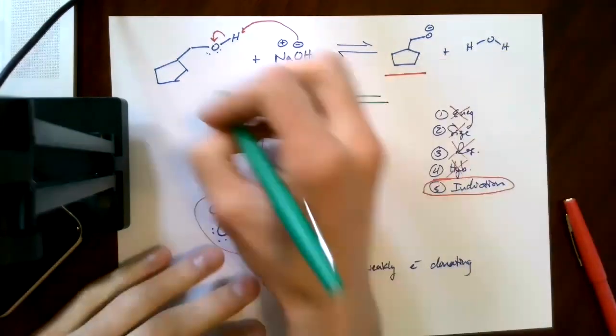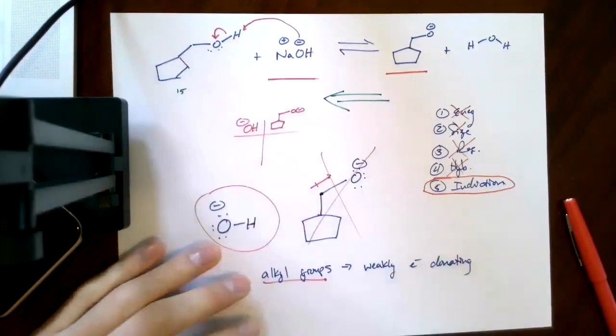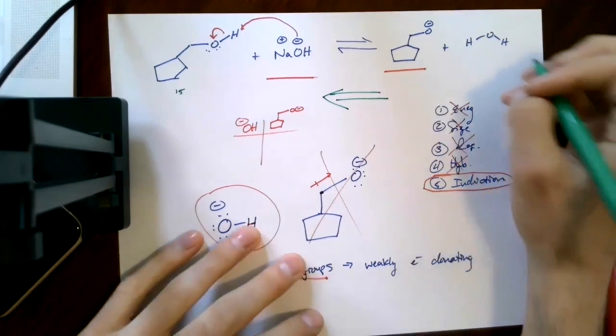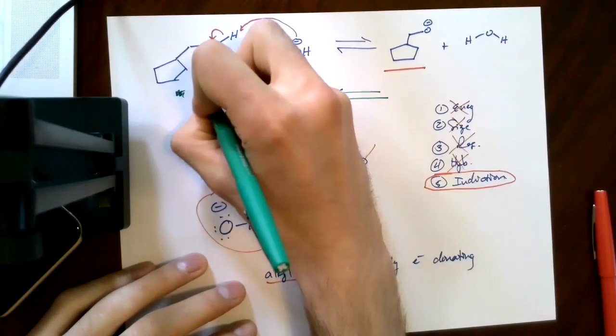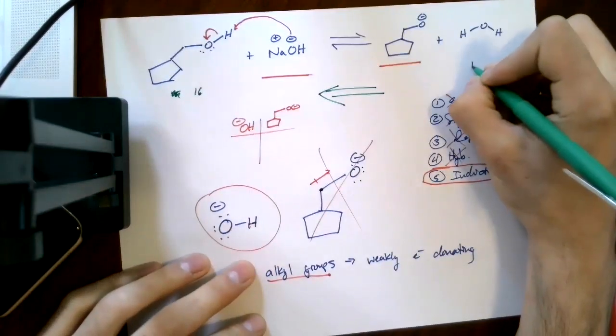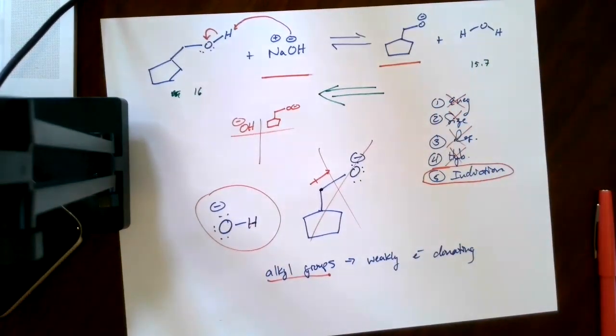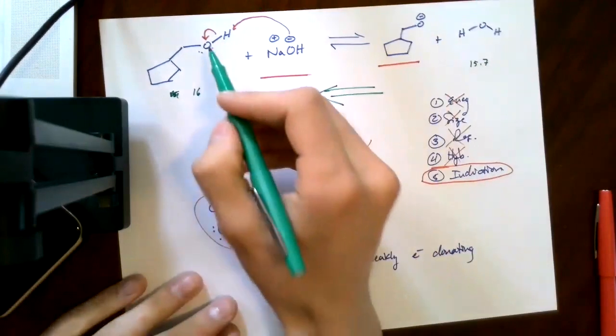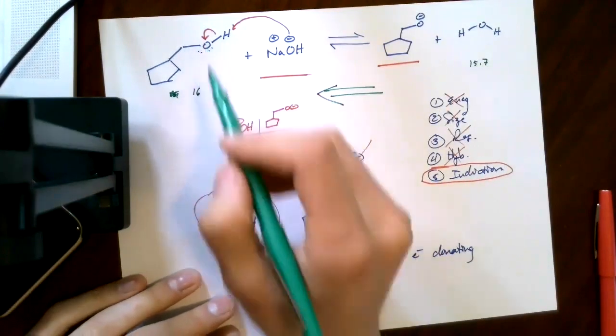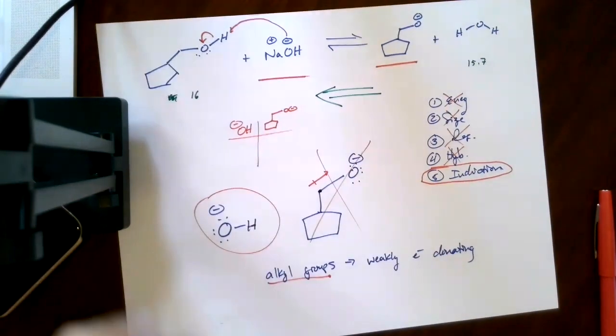And we think about pKa's, we're at 15, or I think this one's actually at 16, and this one's at 15.7. So I know alcohols come in at around a base value of 15, but because of this alkyl donation, it actually raises the pKa slightly.